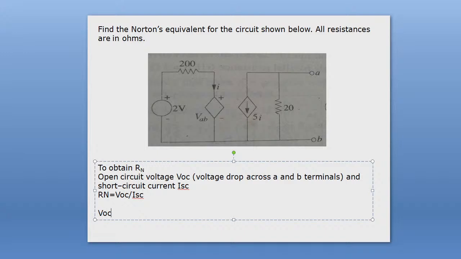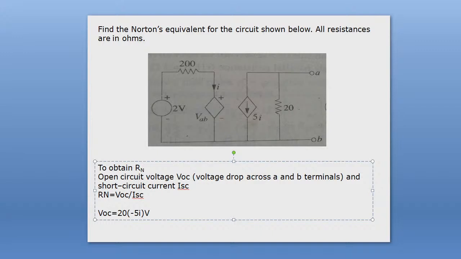VOC equal to 20 into the current through this resistance. So how much current? You see, the 5I ampere current flows in the opposite direction, so we can write minus 5I. So this amount of voltage will drop across VAB or the 20 ohm resistance.